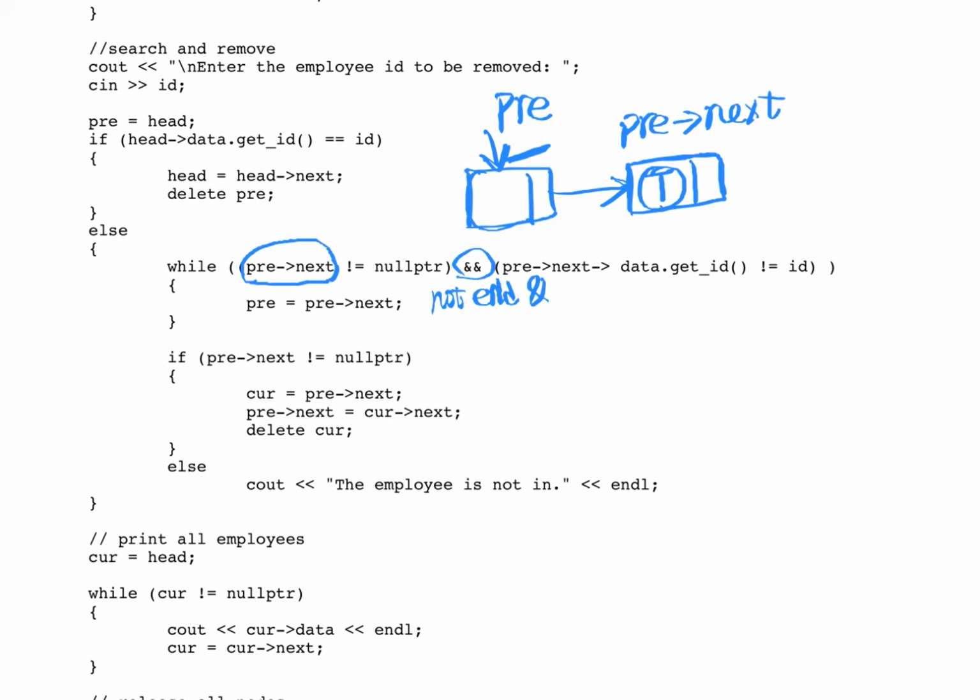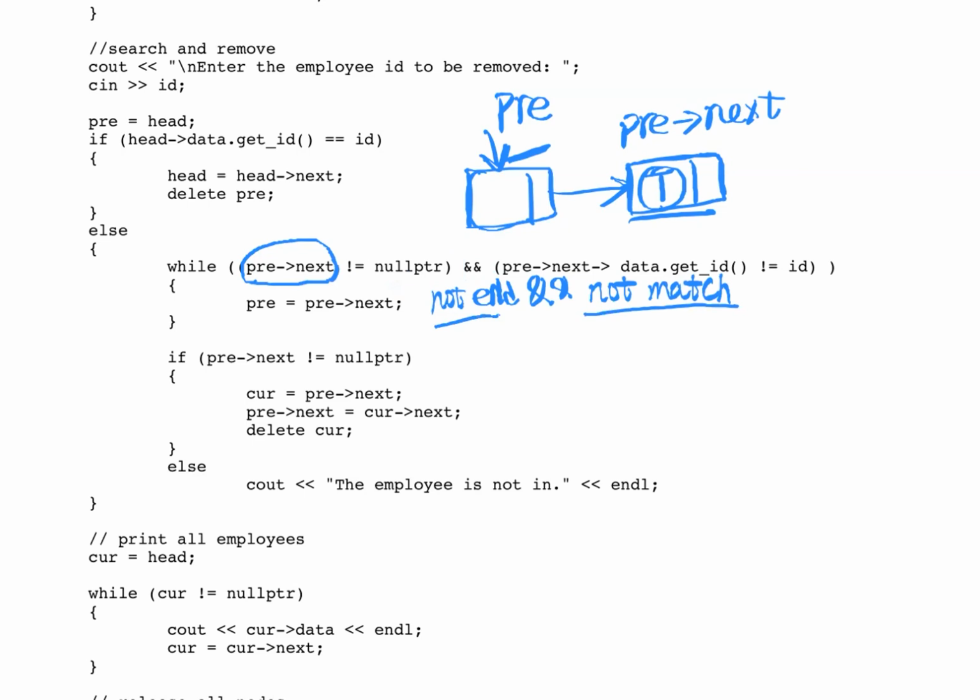And another condition, the previous next data dot get ID is not equal to ID, so we haven't found the matched employee ID. Two conditions, 1 and 2.